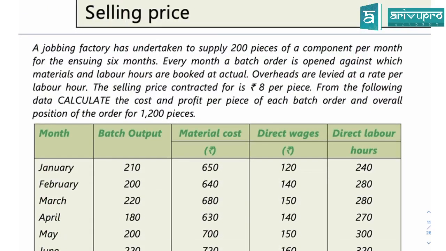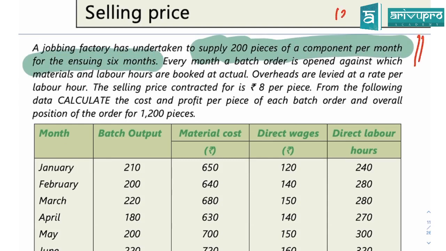Okay. Now, what are they saying? A job factory has undertaken to supply 200 units of a component per month for ensuing 6 months. So, that means total how many? 1200 pieces. Every month a batch order is opened, materials are booked at actual.